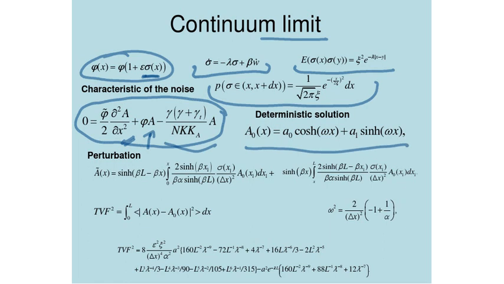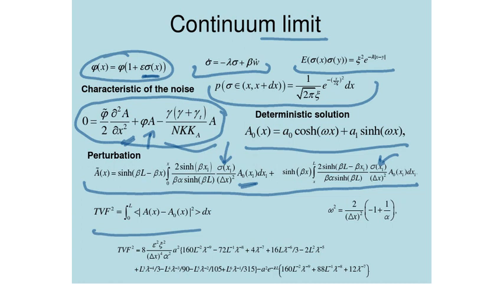Then to study what happens when you have the flux, you can use this to make a perturbation. You expand your solution with respect to A0, and so you have here the effect of the noise. You can calculate the same quantities that I showed you previously, and you can expand this quantity with respect to epsilon.